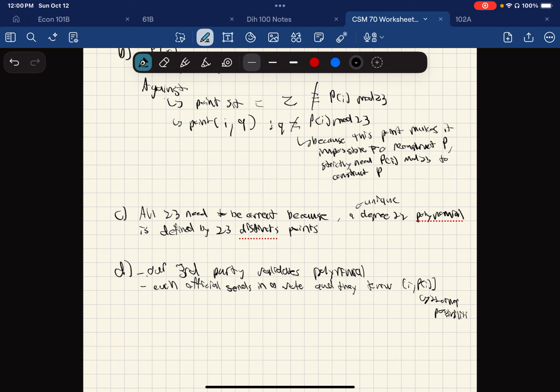There are 22 other possibilities, a good exercise. And we know that the third party just verifies but doesn't know the polynomial.